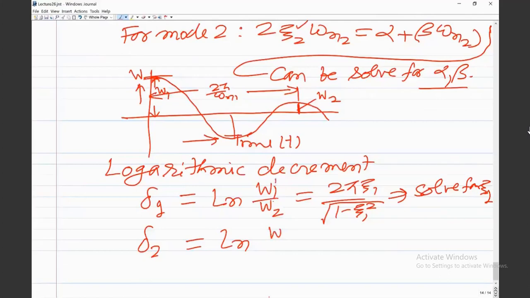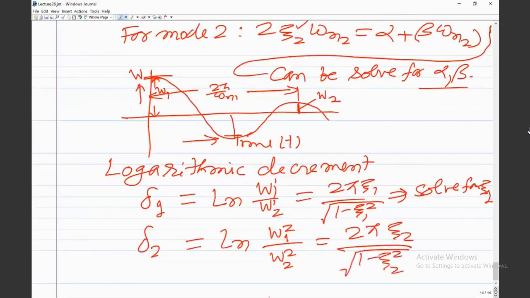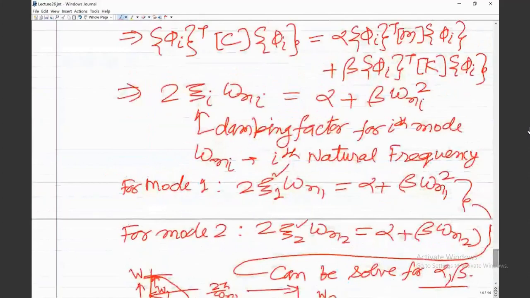Here I will say superscript 1, here superscript 2, so w2 2, and this would be equal to 2 pi xi2 upon square root of 1 minus xi2 square. So from this you can solve for xi2. So once you have xi1 and xi2, come to these two equations.